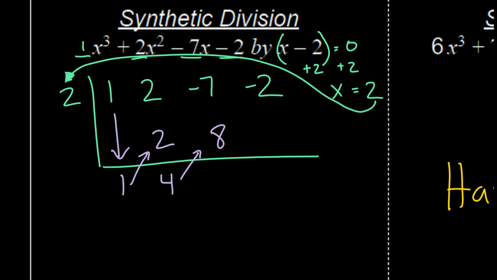And then what's -7 plus 8? 1. And I repeat. What is 2 times 1? 2. And I place it in the division house in the next spot. What's -2 plus 2? 0. This last number will always be my remainder if there is one.